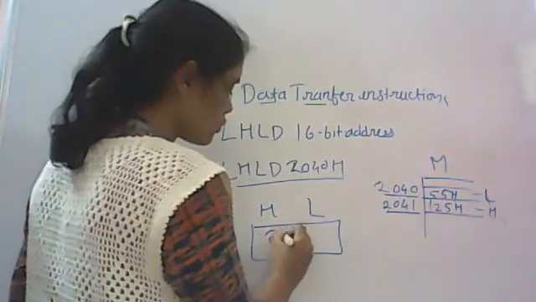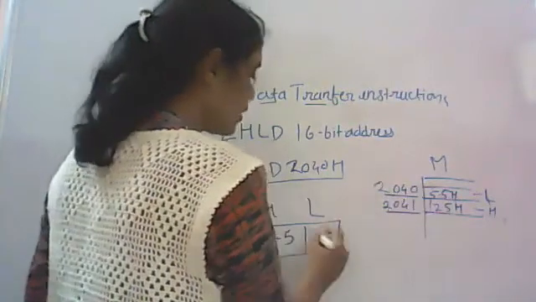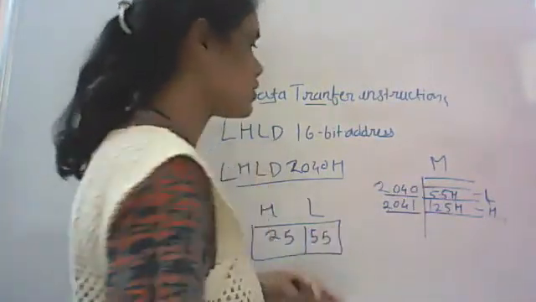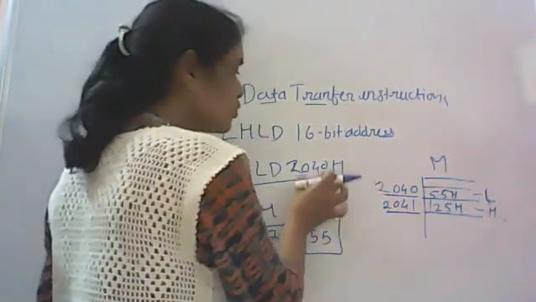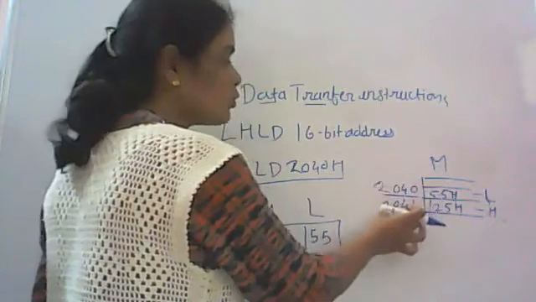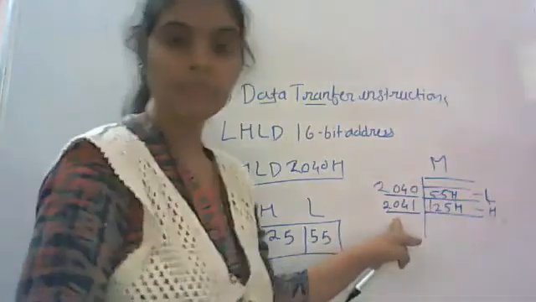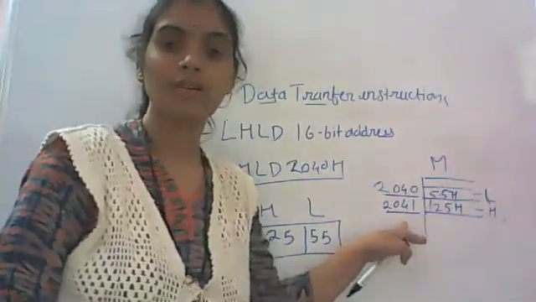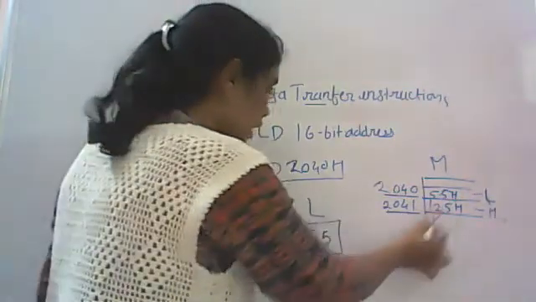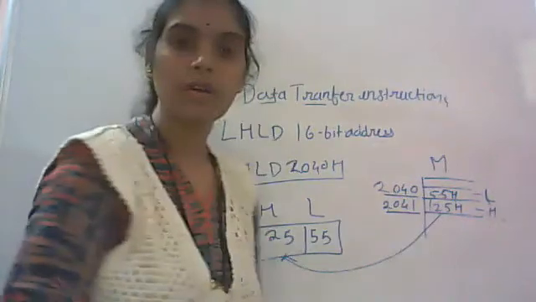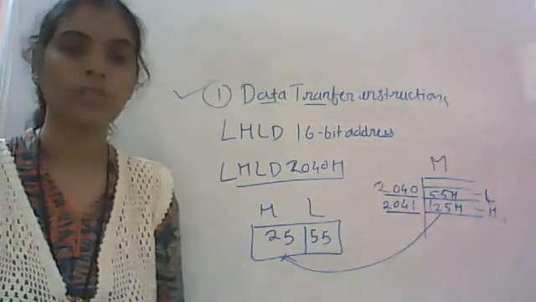This is 25 stored in H, and this 55 stored in L register. Here H and L, this is the address 2040, and next address is 2041. Okay, so it copy the content of next memory location into H using the LHLD instruction.